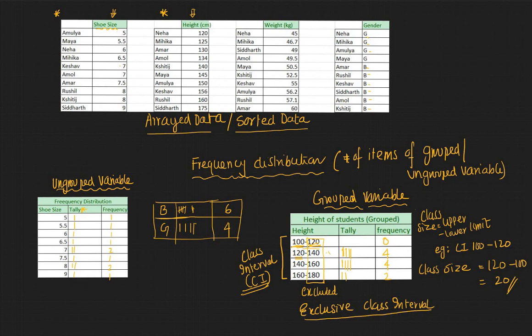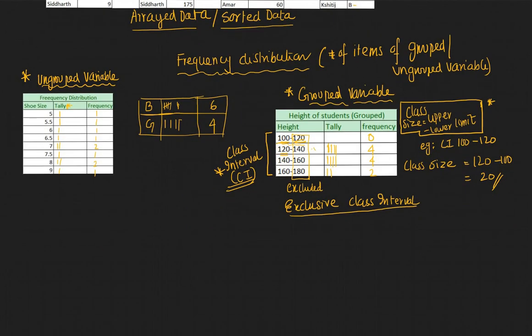So that's important to know, what do you mean by class size, right? So I'm marking all the terminologies that we have introduced here: ungrouped variable and grouped variable, class interval, class size. Apart from class size, you can also define the class mark, which is the mid value of this class interval.